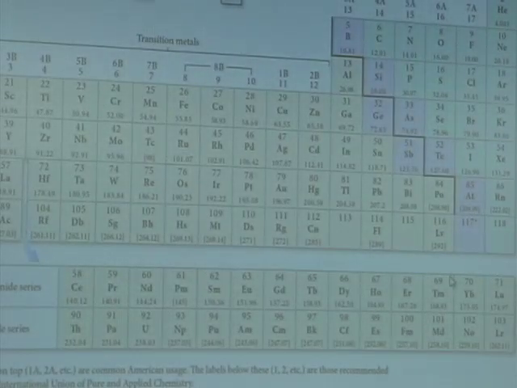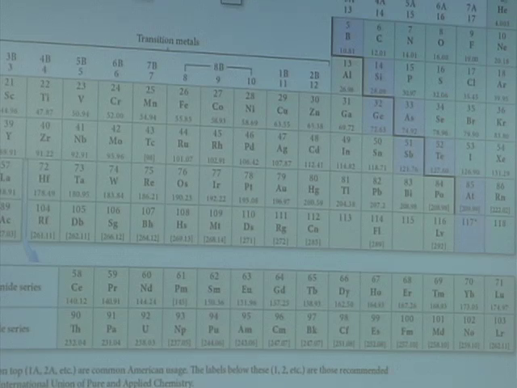So if we take a look at our periodic table, here's rubidium in period 5, right? So period 1, period 2, period 3, period 4, but then this is group 1, group 2, so these are the alkali metals. And of course, group 7A, they're the halogens.